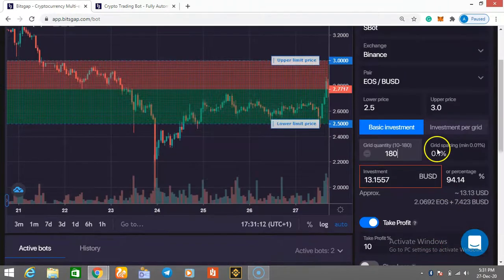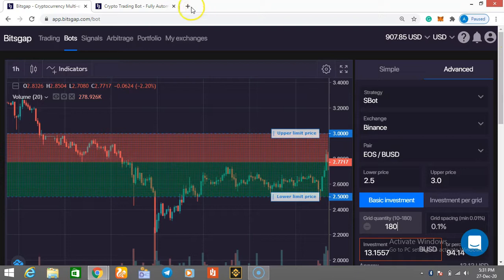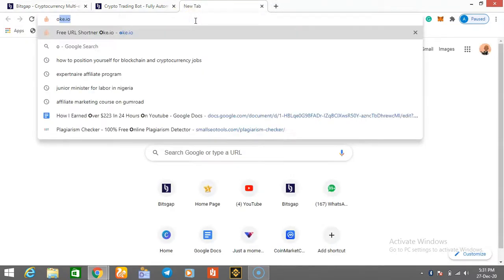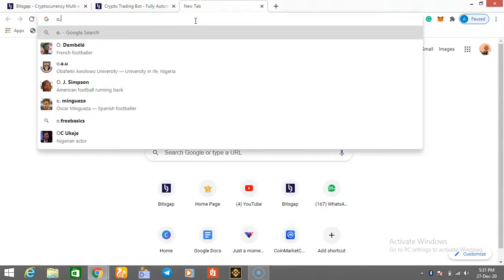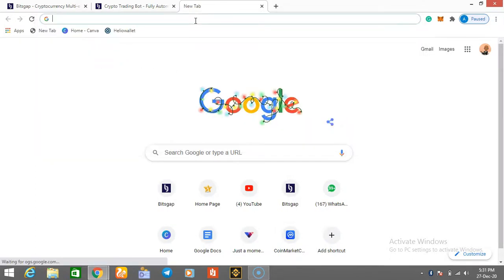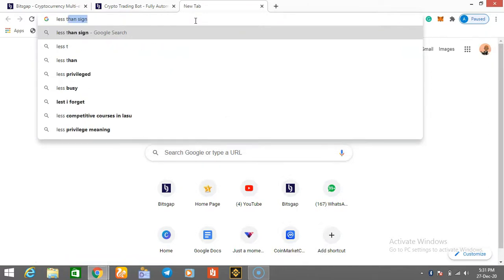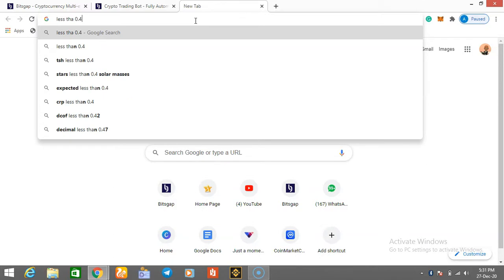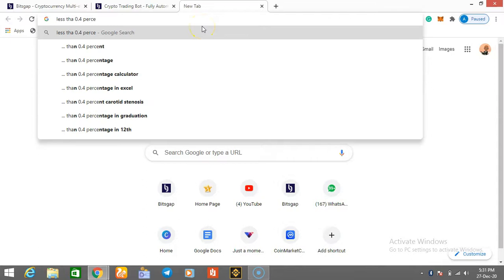0.1% grid spacing. And I always encourage people to try as much as possible to make sure that their grid spacing is less than 0.4%. That's really essential if you want to take advantage of these bots.